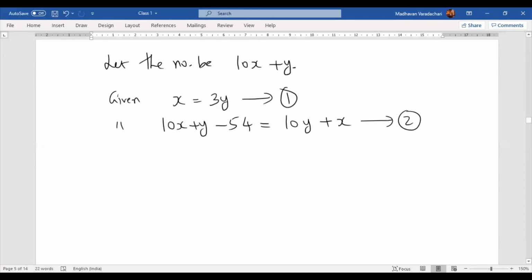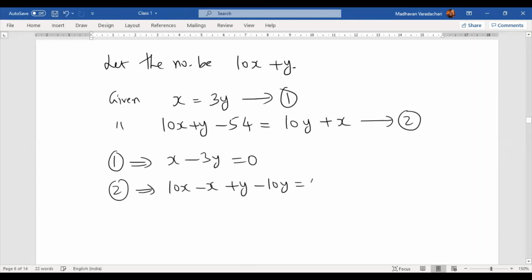Now let us rewrite the equations. First equation, I will rewrite it as x minus 3y equal to 0. Second equation, how do I rewrite? Bring all the x and y to one side. So 10x, I'll bring that right hand side x to left hand side. Then bring that 10y to the left hand side.